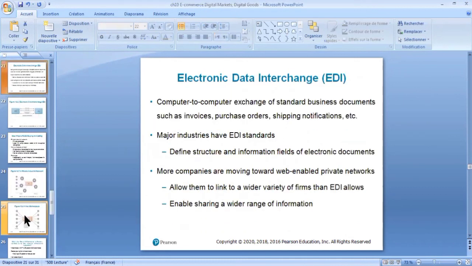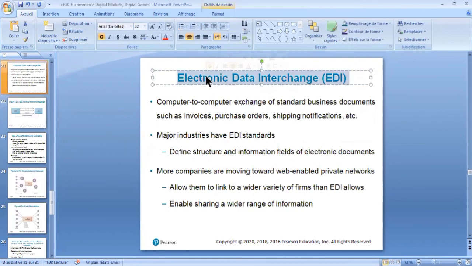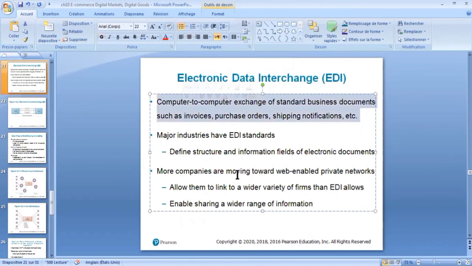And we will explain these now, and we start with EDI, electronic data interchange, which is a kind of computer-to-computer exchange between two organizations. We use them to facilitate standard transactions like invoices, shipment schedules, purchasing orders.